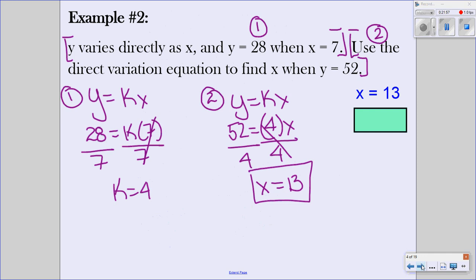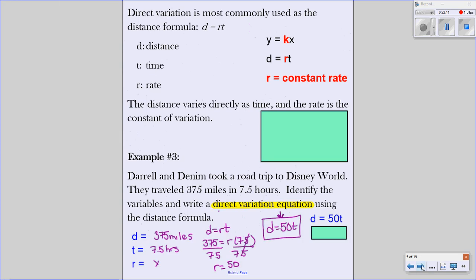And then there are other questions where they'll give you one part where you find the k, and then they're going to give you an x or a y, and then you have to use that k to find the missing variable that they're asking you for. So be careful. You always have to read what they ask you for, and then figure out how to set it up and then solve it. Then we learned about using the distance formula. It follows the same procedure as the direct variation formula.